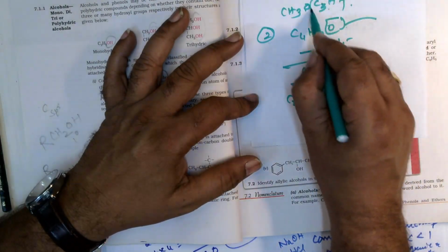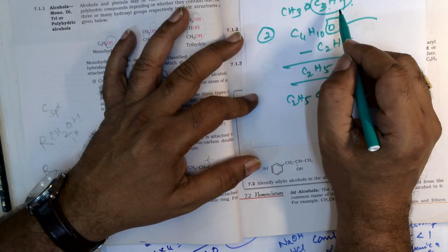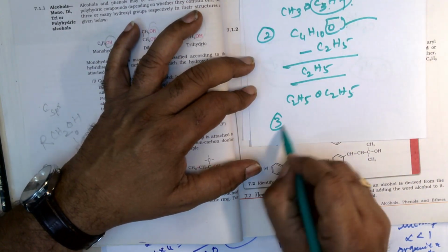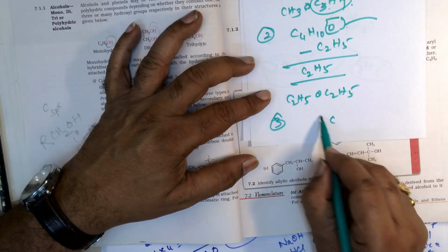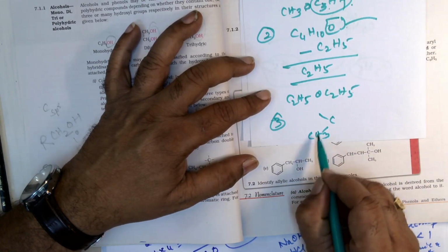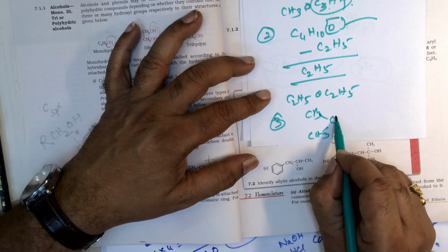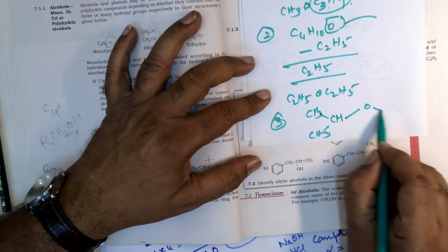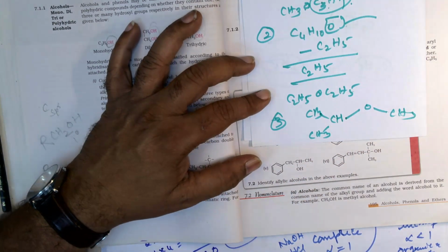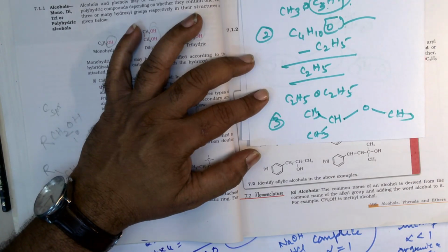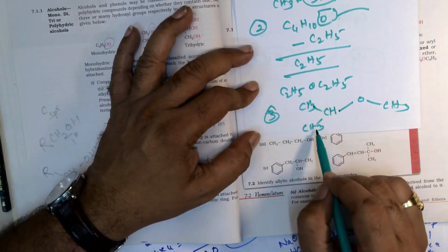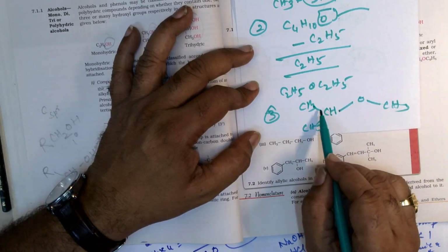For example, C3H7 can be taken as isopropyl. So it means C3H7 can be built up like this: CH3, CH3, so this is CH, and then put O, then CH3. Got it? So CH3 twice, CH, then OCH3.